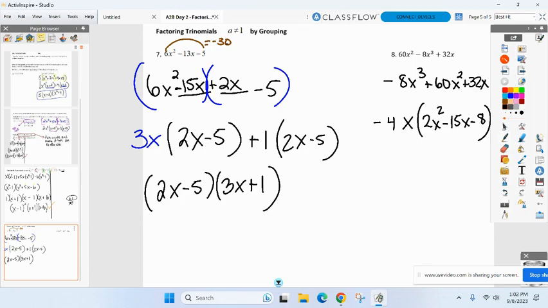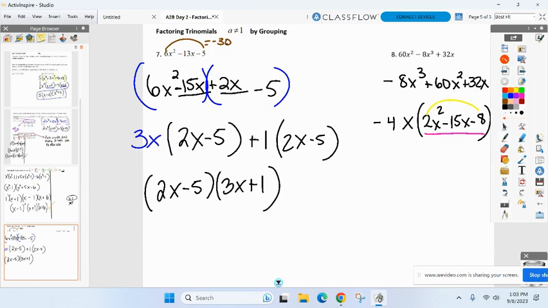And what would we be able to do inside? Keep going, right? So I'm going to let you guys try this. Leave the negative 4x out there till the end. What I want you to do right now is turn this into 4 terms so you can group it. Don't even worry about the negative 4x. It's done. We're not going to touch it again until the answer. So multiply 2 and negative 8 and see where you can go from here.